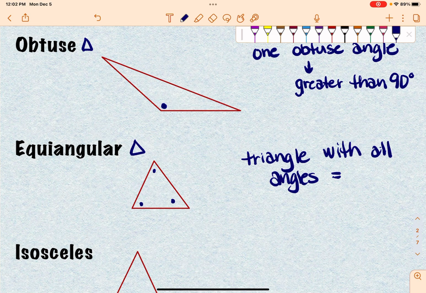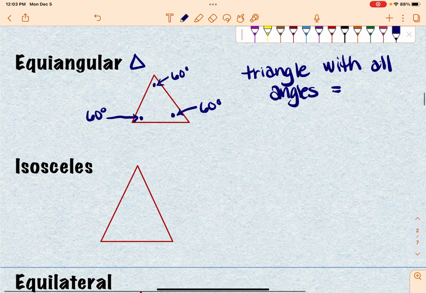Okay, now, just as an aside, and we'll talk about this a little bit more, in a triangle you always take these three angles, and when I add them up, they have to be 180 degrees. So that means if it's equal angular, the only way that could be true is if each of these were 60 degrees, because then you get 180 if you added them all together. But they have to all be the same. Okay, isosceles.